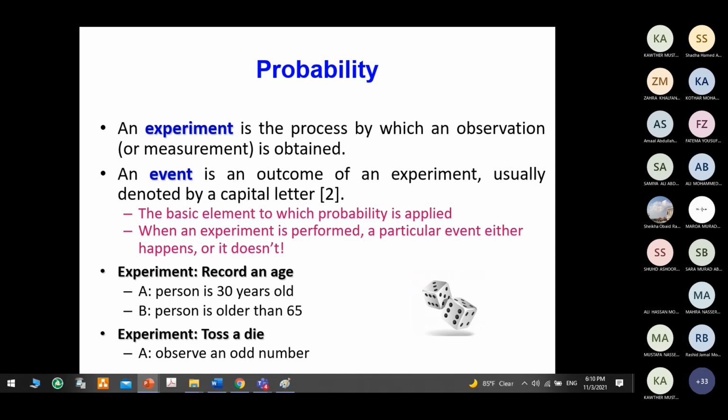So if I define one of the outputs from this experiment to be event A, what is this event? I define this event to be odd numbers. It means it could be 1 or 3 or 5. Another event is to observe a number greater than 2. It means 3, 4, 5, 6. This is event B.